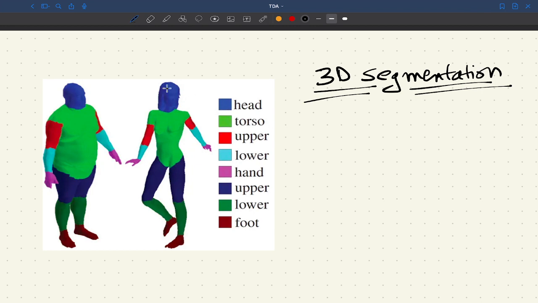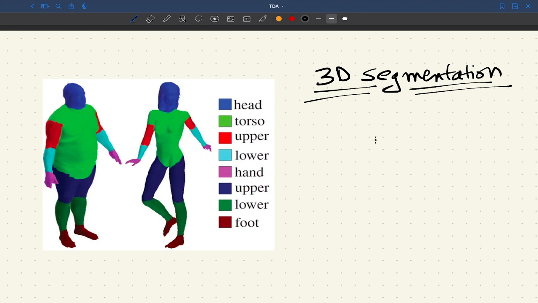Let's say those 3D points represent humans. Maybe the points of the head have some topological features, and the torso, upper or lower, obviously have different shapes and different kinds of topological features. These topological features can help us in doing this 3D segmentation.